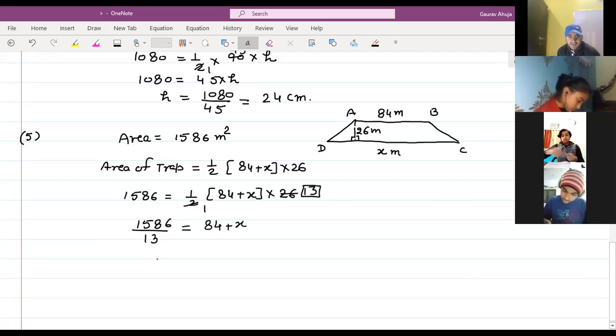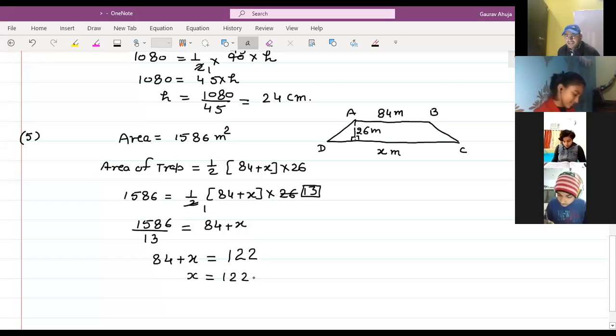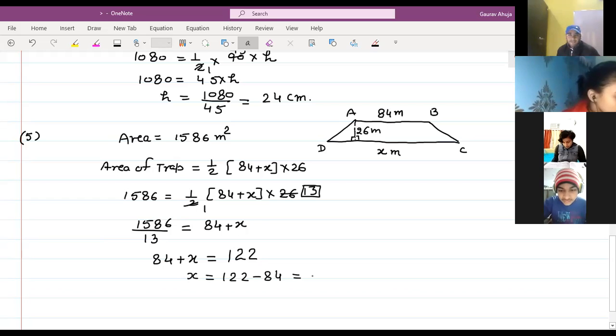If I divide 1586 upon 13, what will I get? 84 plus x is equal to 13 1 ja 13, 13 2 ja 26, 13 2 ja 26, 122. Now shift 84 towards the right side and we will get the answer. What answer will we get? Sir, 38 meter.